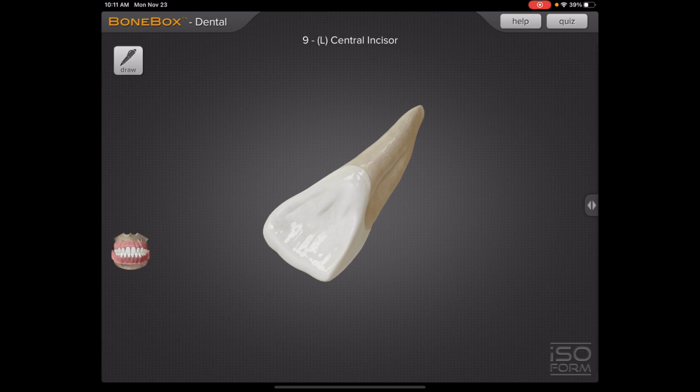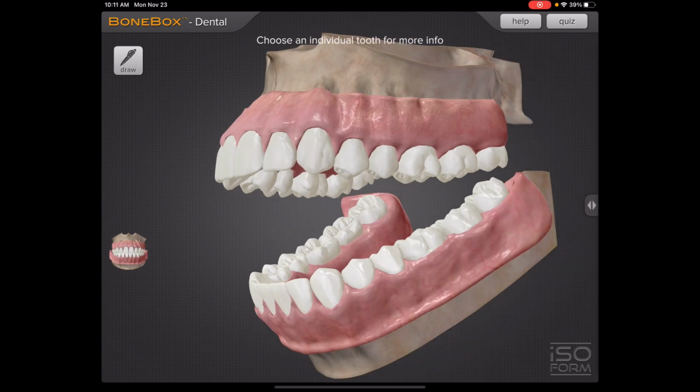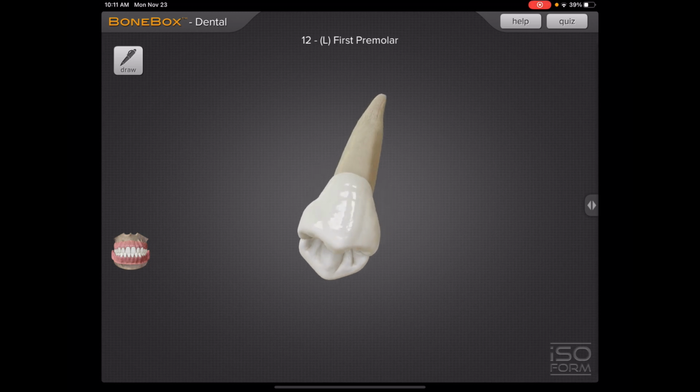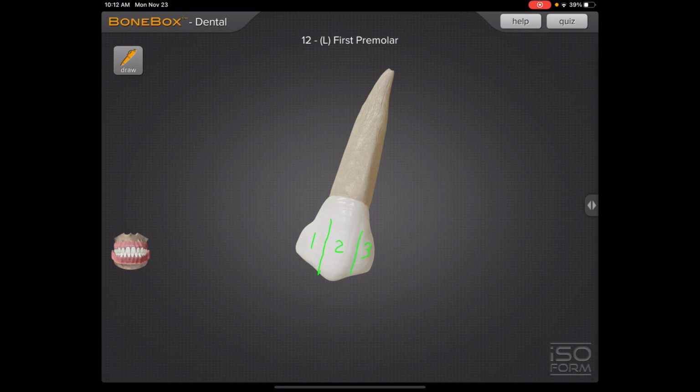The lobes and the cusp. For maxillary premolars, you have 3 facial lobes and 1 lingual lobe. So you have 3 facial, 1, 2, and 3, which gives us a high buccal cusp.